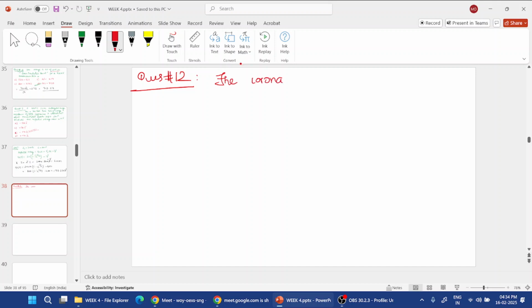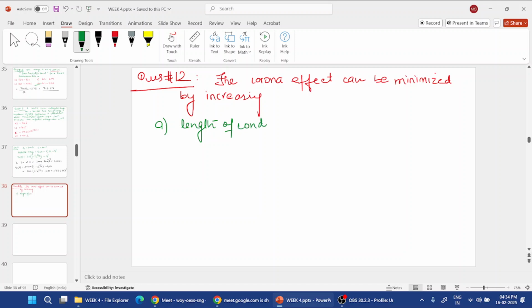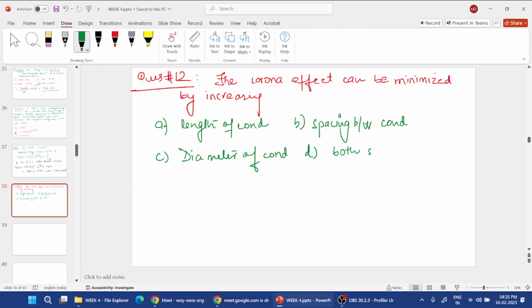The corona effect can be minimized by increasing: options are A, length of conductor; B, spacing between conductors; C, diameter of conductor; and D, both spacing and the diameter. Okay, so what is the answer?